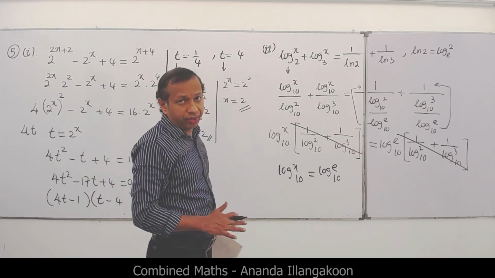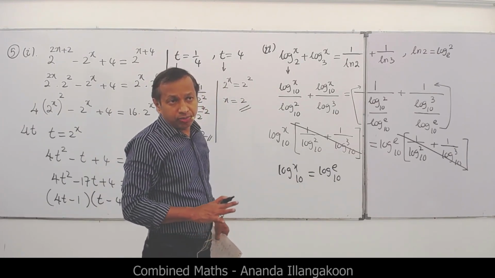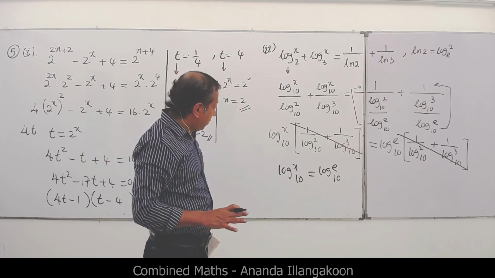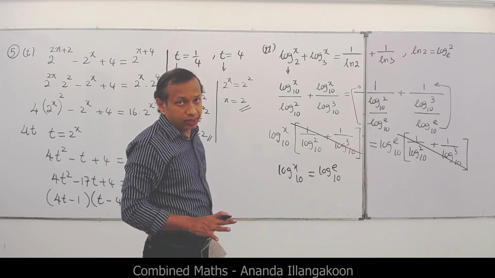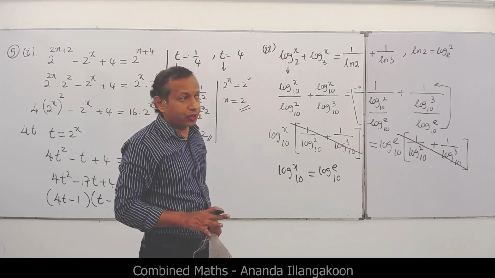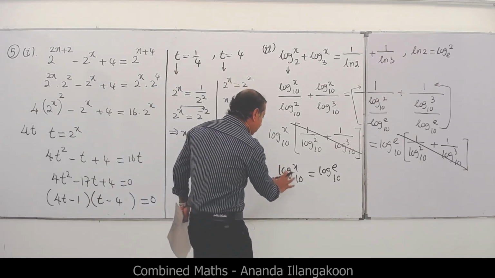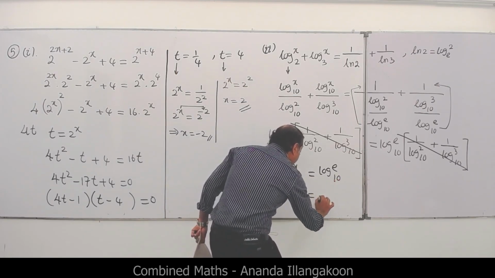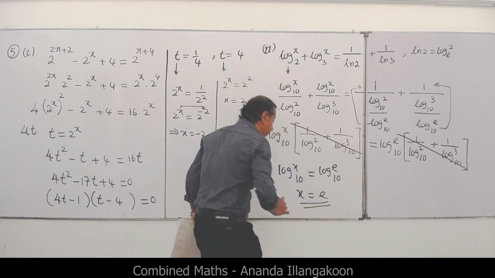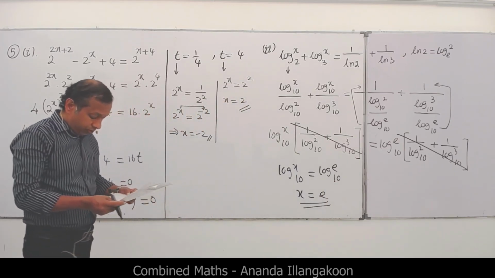Cancellation of log from both sides is not an applicable method to get this x. We say removing log, not x, removing log from both sides. Once you remove this log base 10 from both sides, left hand side we get x, right hand side we have e, then x equals e. Right? Okay, x equals e.